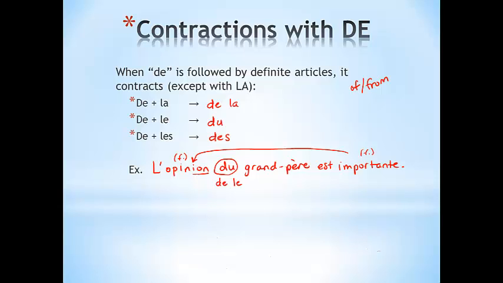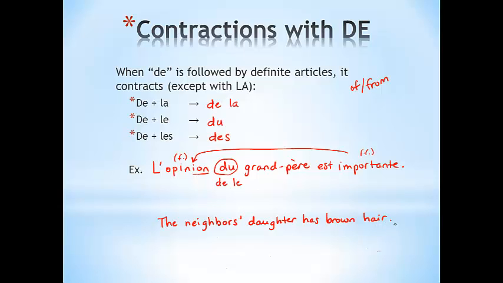The last example that I am going to give you for contractions with de, I'm going to give it to you in English. Let's see if you can do it. The neighbor's daughter has brown hair.